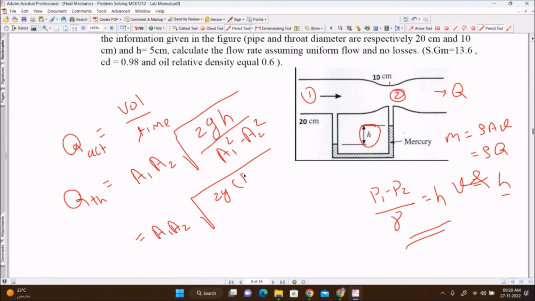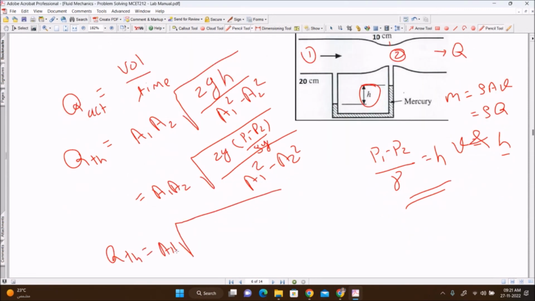If I put it here, H is (P1 minus P2) divided by gamma, and gamma means rho g, divided by A1 square minus A2 square. So this g gets cancelled, and I can write directly: Q theoretical is equal to A1 A2 under root 2 (P1 minus P2) divided by rho, because g gets cancelled, divided by A1 square minus A2 square.